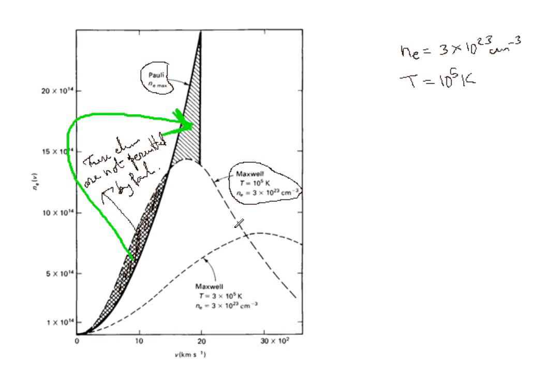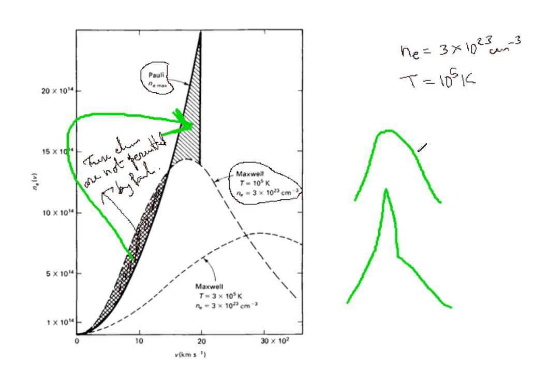Now the gas considered here, what should we call it? We should call it partially degenerate because the Maxwell tail is still rather extended. So instead of having a distribution like this, we are having a distribution like this.